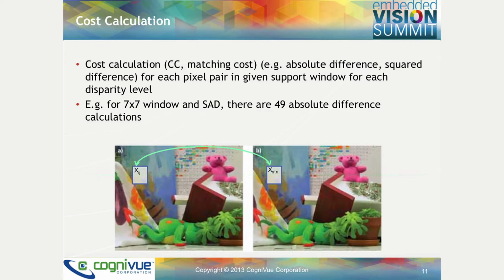If you've got a support window that's 7 by 7 and you're comparing it against a test pixel in the right-hand frame, then you have 49 separate absolute differences that you need to compute as you work your way through the support window. And depending on what your disparity range is, you have to repeat that X amount of times. So that's cost calculation. That's all the individual absolute differences in the case of a SAD approach.